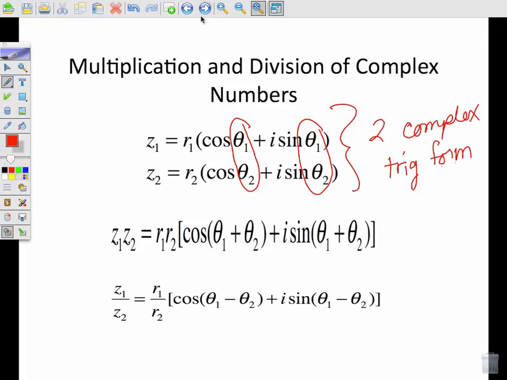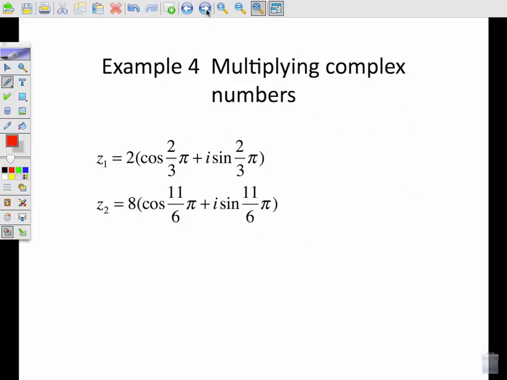All right, we've got two examples that relate to the multiplication and division of complex numbers. Let's go ahead and do the multiplication. So if I want to do z1 times z2, it equals 2 times 8. And I've got cosine of, I need to add the angles together.